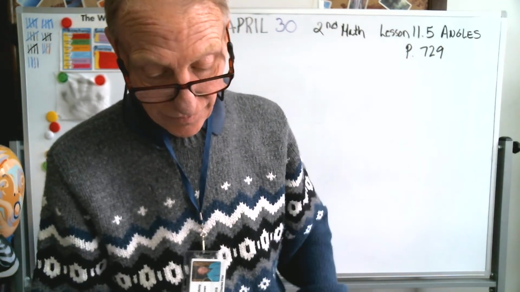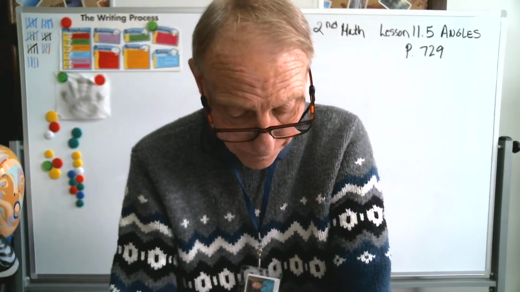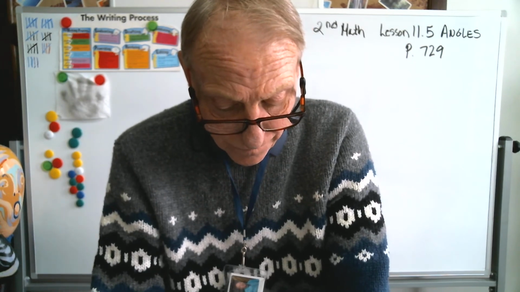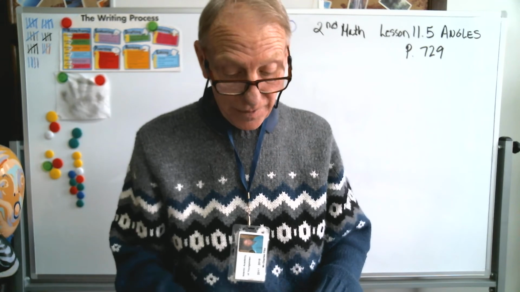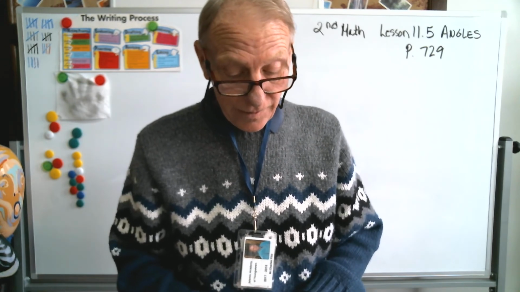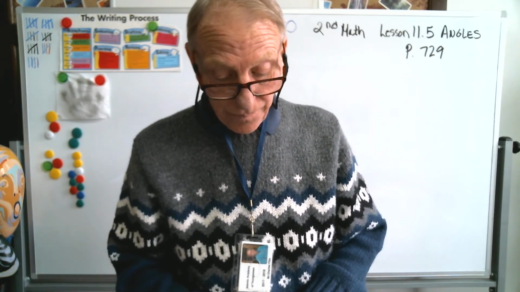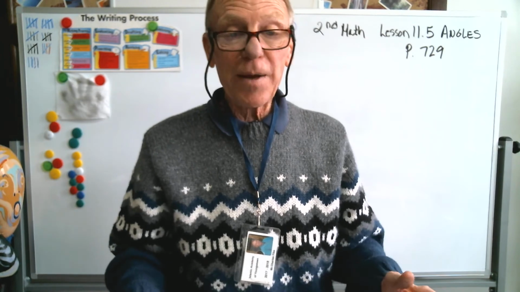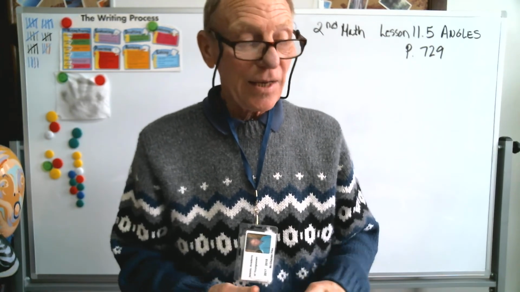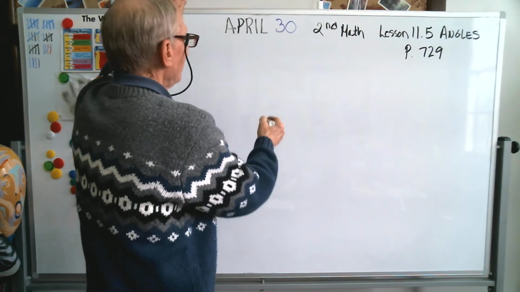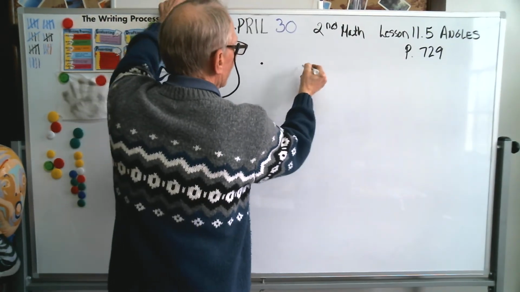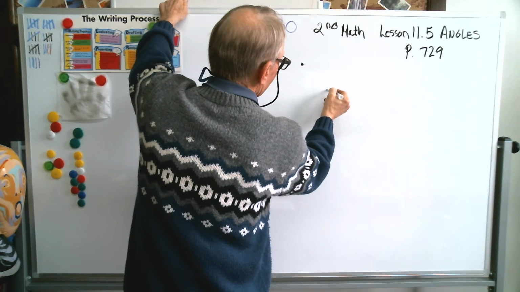Now, looking at your homework on 733 and 734. 1 and 2, it's asking you to circle those angles like we just have been doing. Number 3, you got to make a shape that has 8 angles. And you want to know one of the most standard shapes that has 8 angles? And actually, you see them every day.